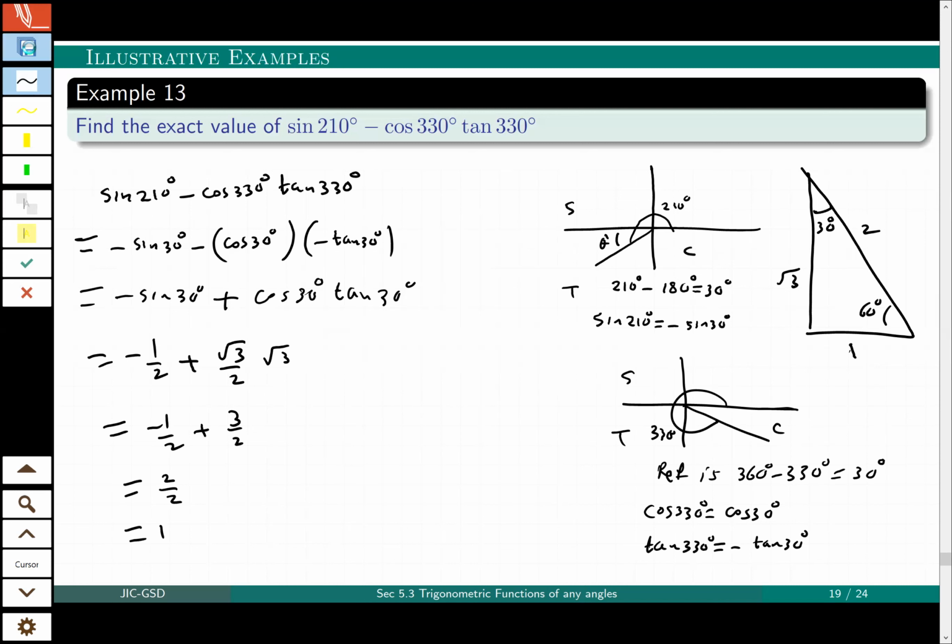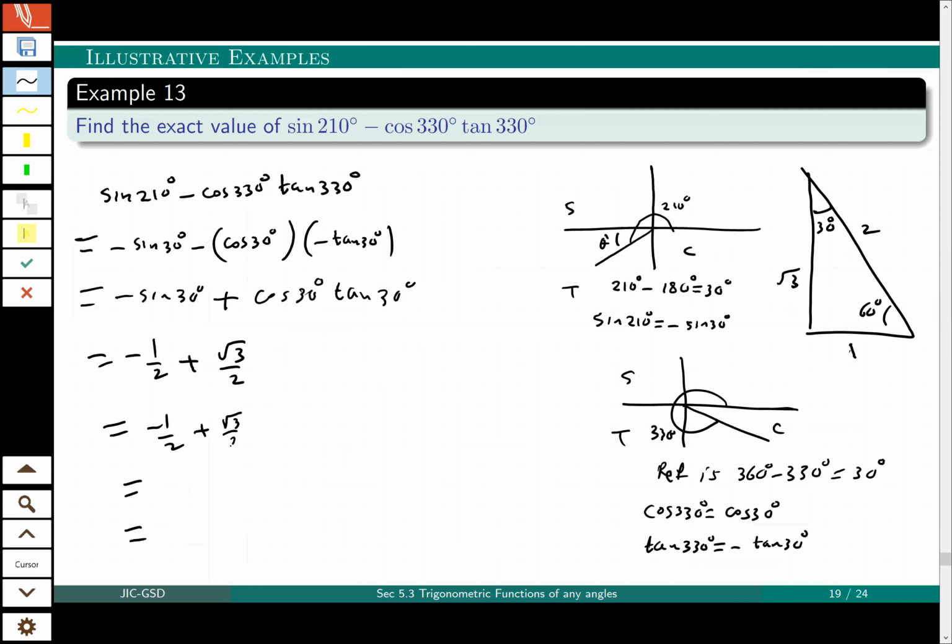Okay. So again, sine 30 is 1 over 2, cosine 30 square root 3 over 2, tan 30 is opposite over adjacent, so I have made a mistake here. Tan 30 is the opposite, which is 1 over root 3.